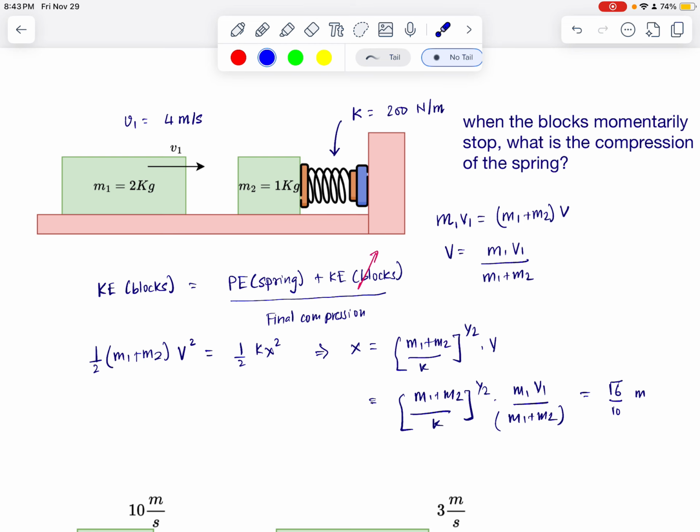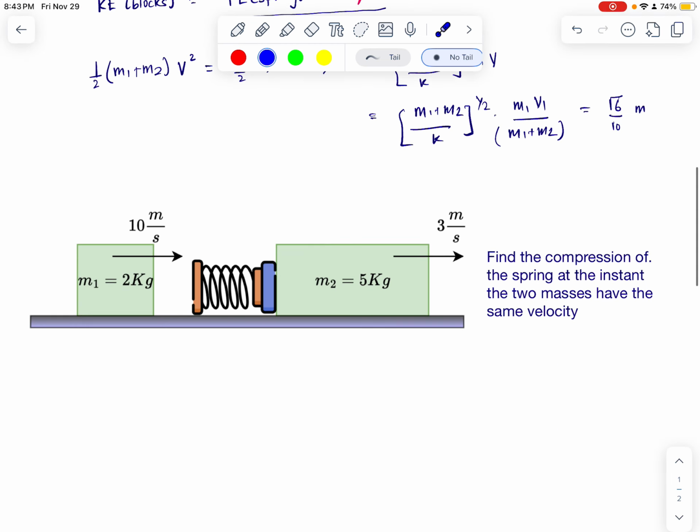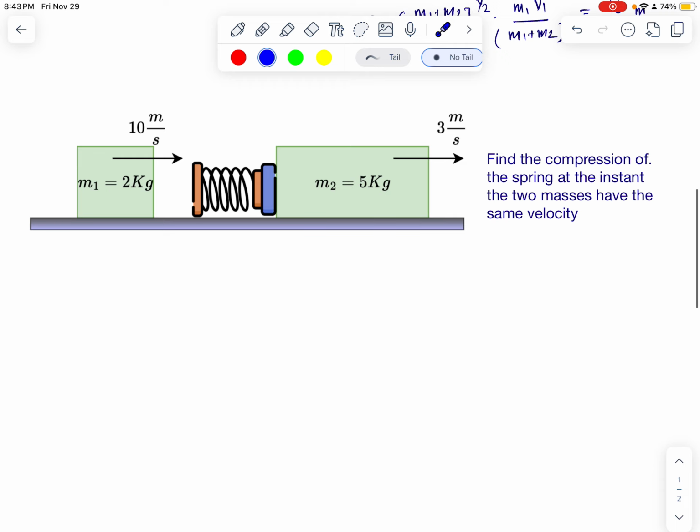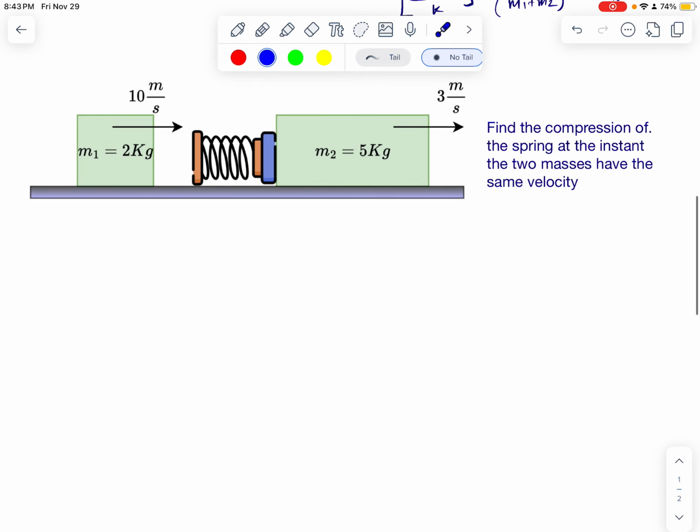Okay, so let's move over into a slightly different problem. Here there is a block of mass m1 that is moving at a high speed, and it collides with a block of mass m2 which is bigger, but that's moving slower.